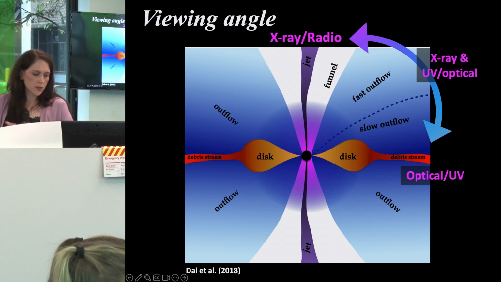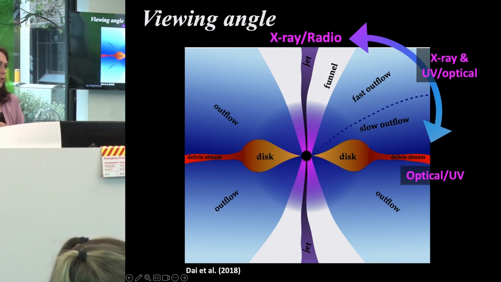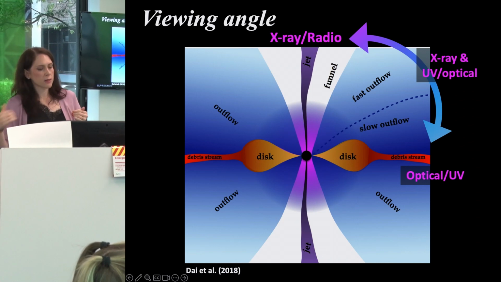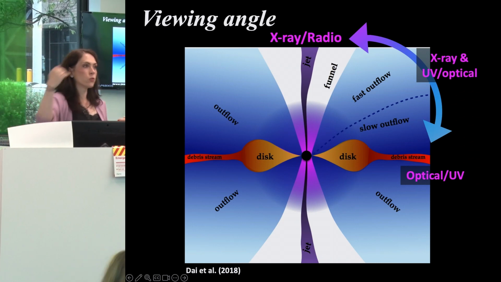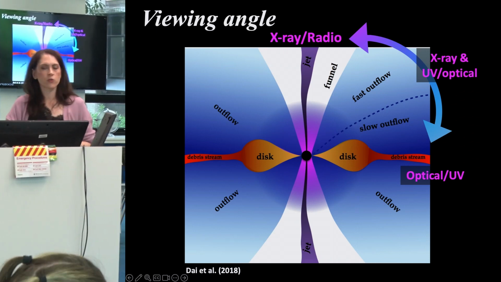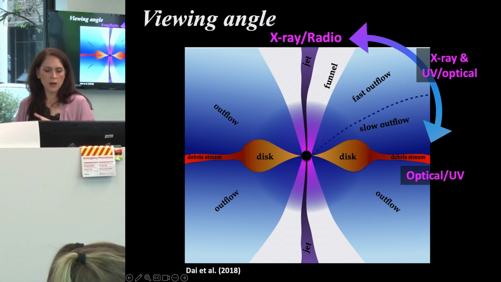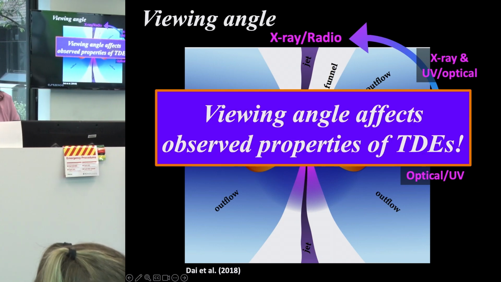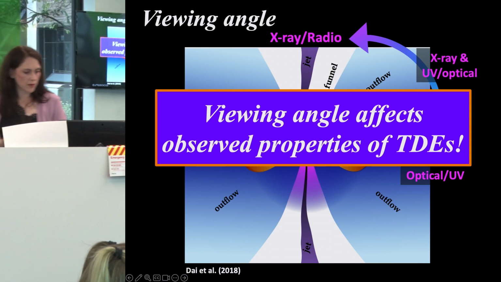Those that show some X-rays in addition to their optical UV will have much less as you go up towards looking down the jet that's been funneled. You start to get dominated by more X-ray emission. So we think that viewing angle effects also affect the properties of the events that we observe.